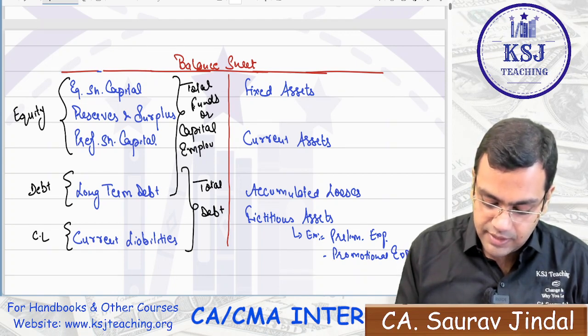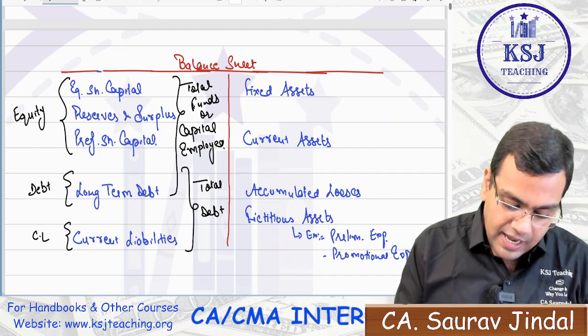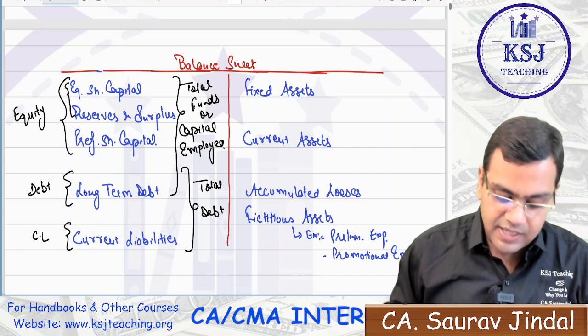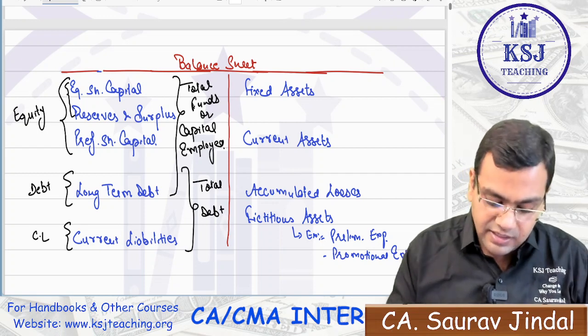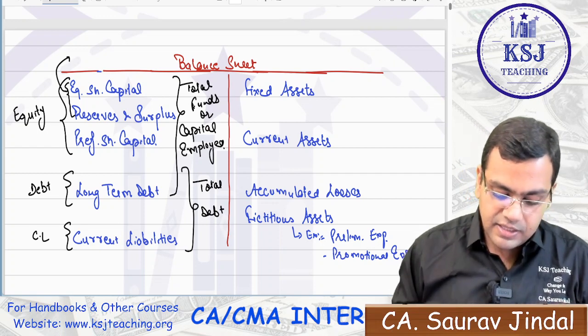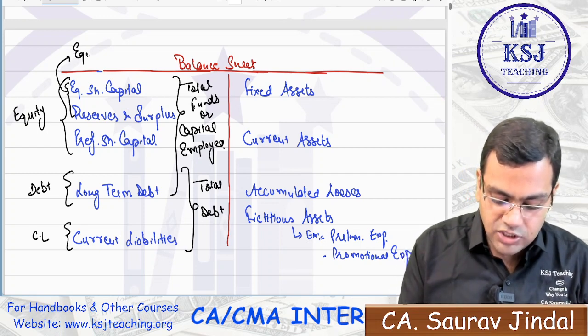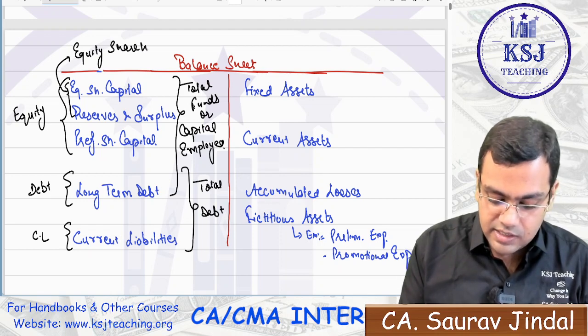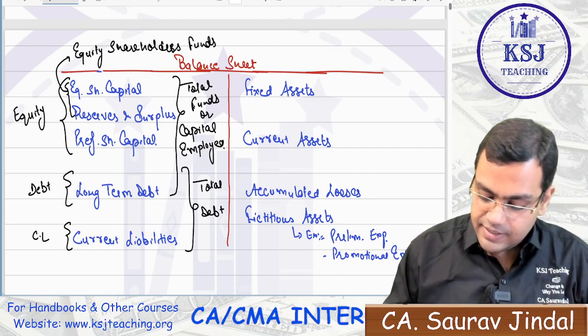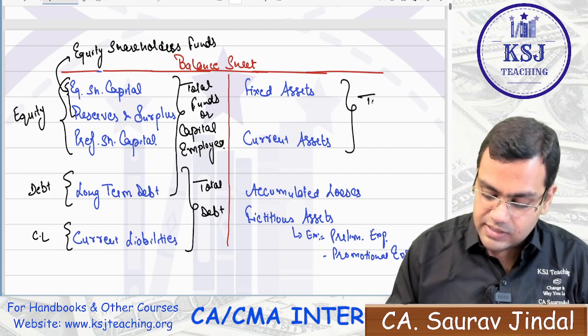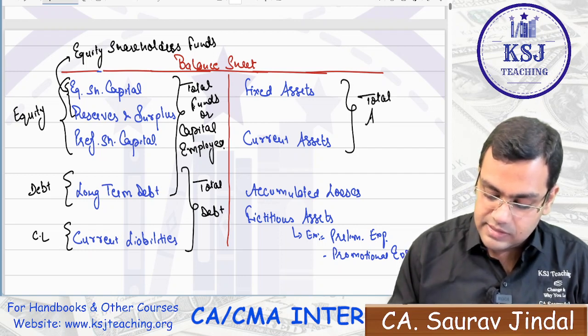Capital employed. And if you consider only the equity share capital and reserves and surplus, this is known as equity shareholders funds. And this is known as your total assets.